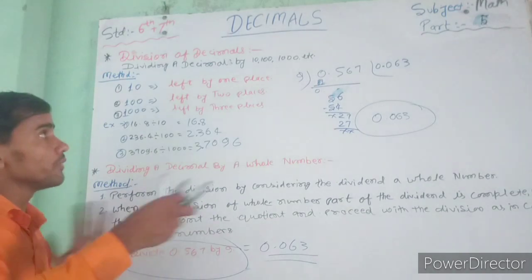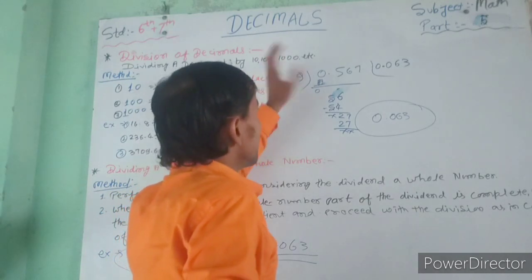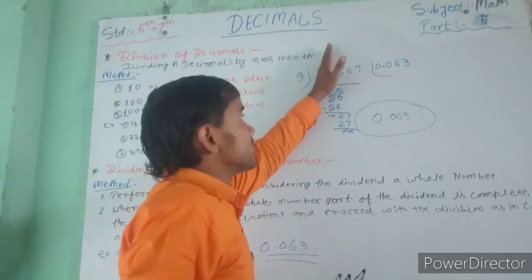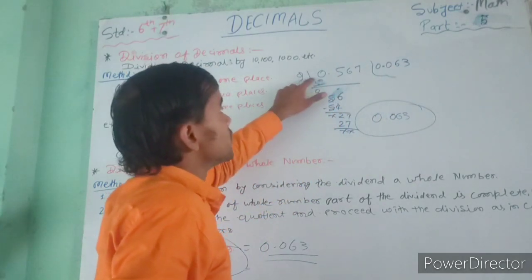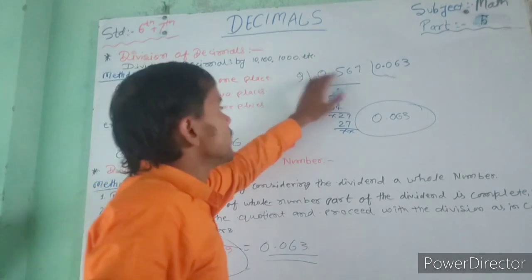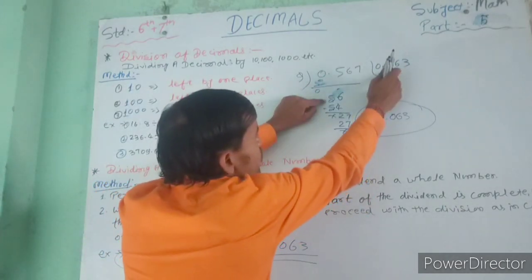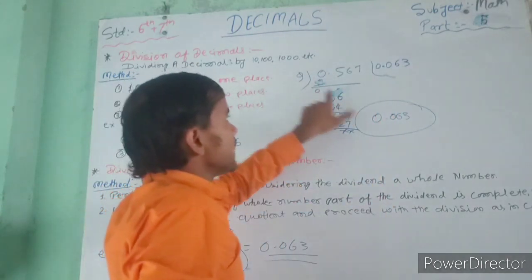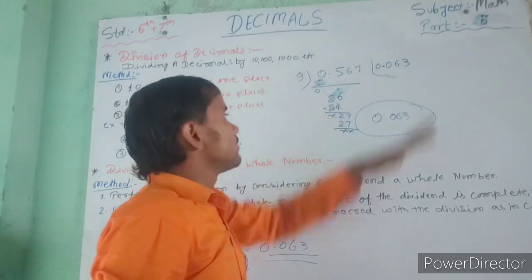If the division is complete, then you write it and after that you use the point. If it is not complete, just like here 0 and 9, that's not possible, so you also write 0 and put the point in the quotient. Then 5 comes, it doesn't go, so next you write 0. Then 56: 9 sixes are 54, 6 minus 4 is 2, and next the remaining 7 with 2 gives 27, 9 threes are 27.